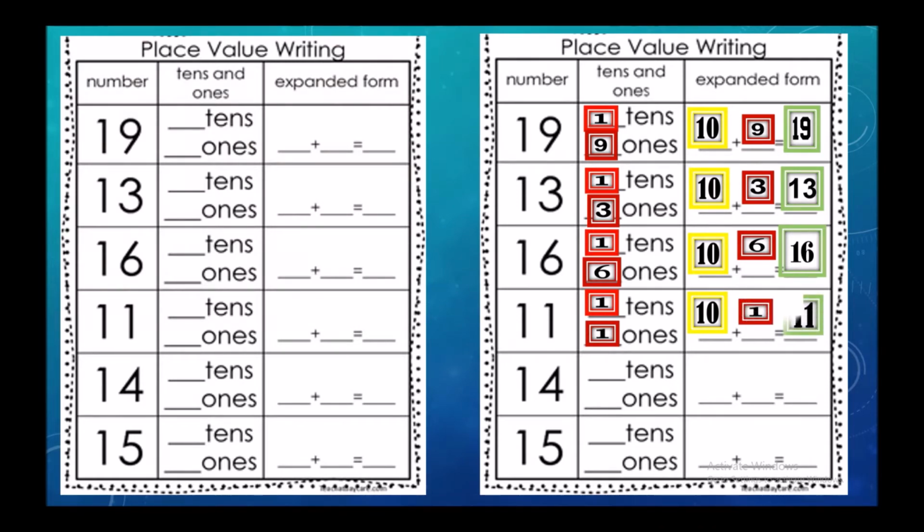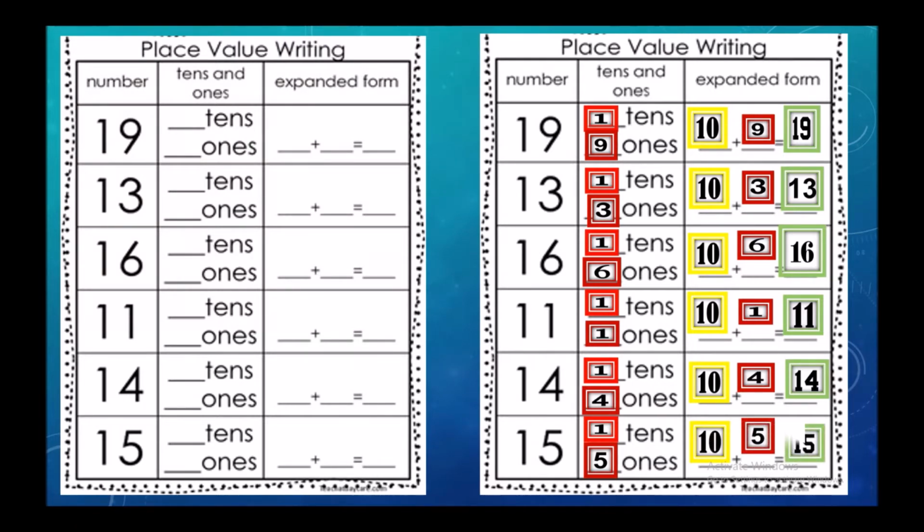Ones place here 4, tens place 1. 10 plus 4 is 14. Okay, now ones place here 5, tens place 1. 10 plus 5 is 15.